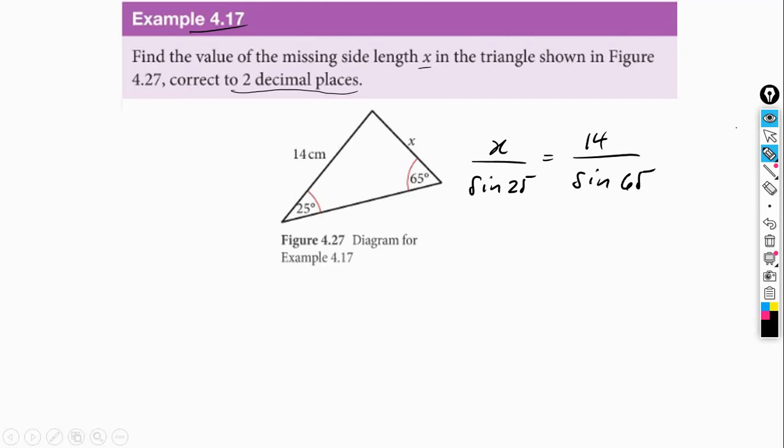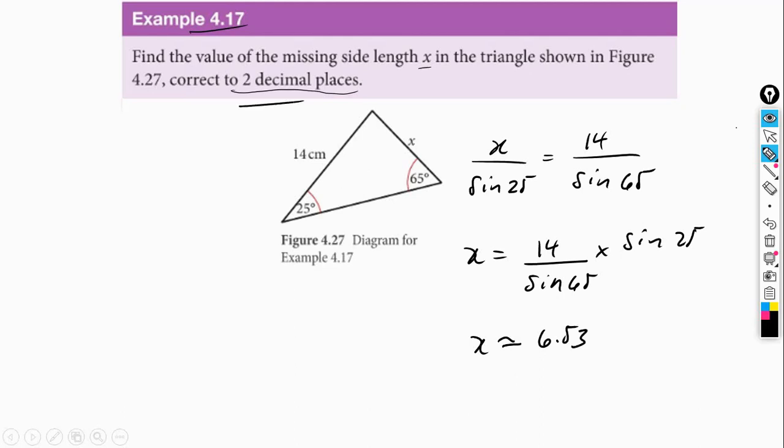What I always recommend is to just plug the whole thing into the calculator. x is going to equal 14 divided by sine of 65 times sine of 25. Plug this whole expression in, and you're going to get an answer that is approximately 6.53 rounded to 2 decimal places, and don't forget the units, centimeters.